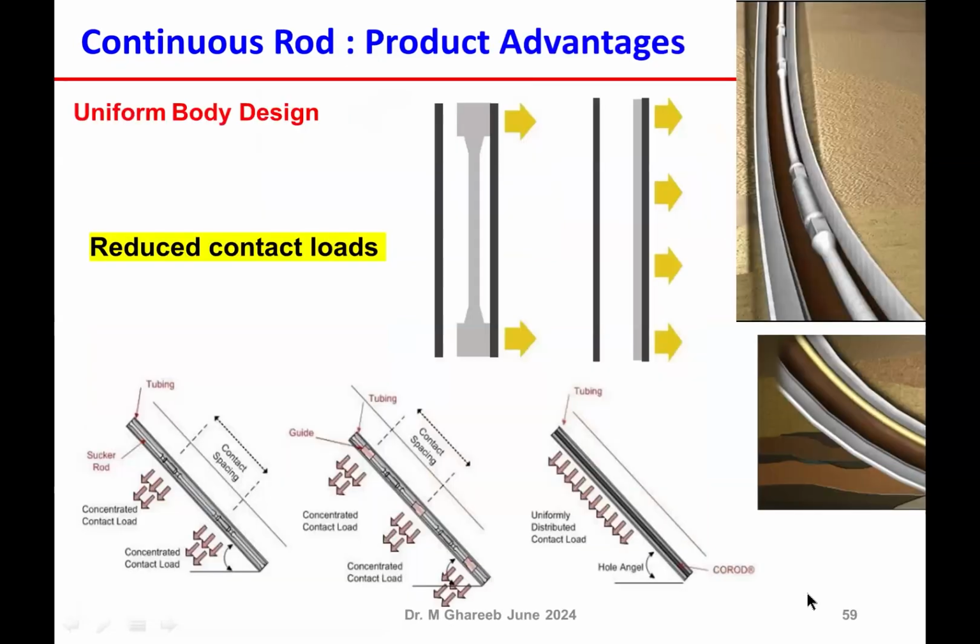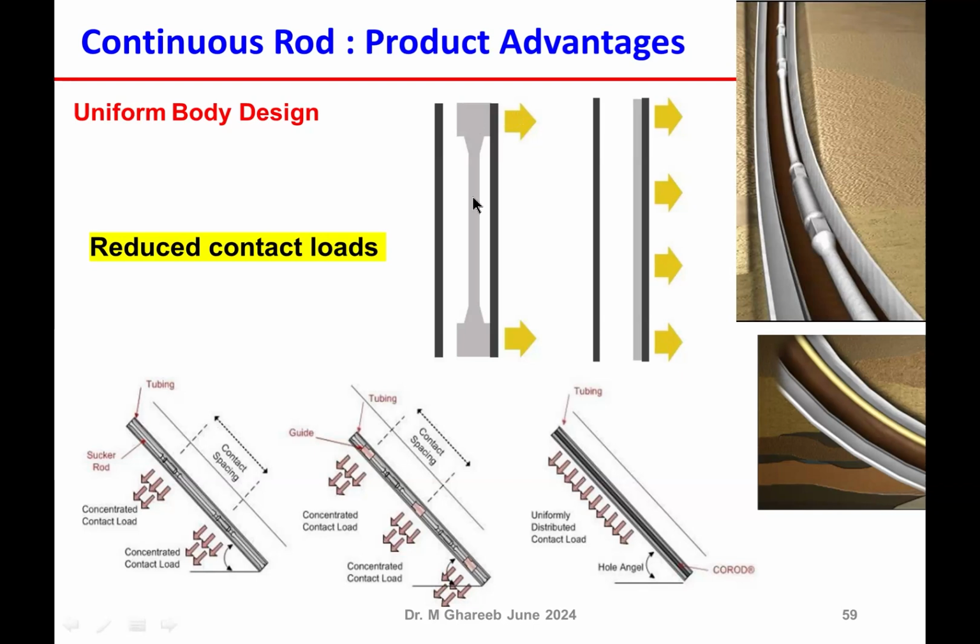One of the main advantages of the continuous rod string, as I said, is that it allows the reciprocating rod string to run in deviated wells and even horizontal wells. If you look at the right-hand side, the top picture is a standard rod string with couplings. In a deviated well, the coupling is running on the low side. Then all the loads will be on 2 points, the contact points between the rod string and the tubing, because the coupling has a big size.